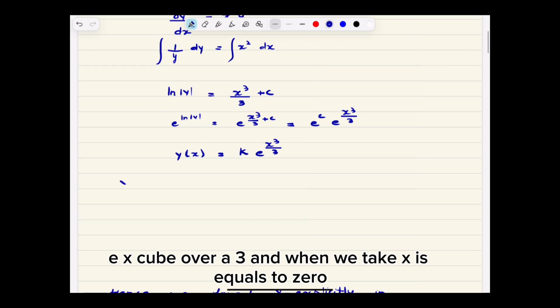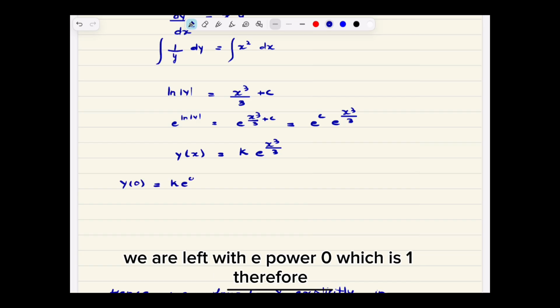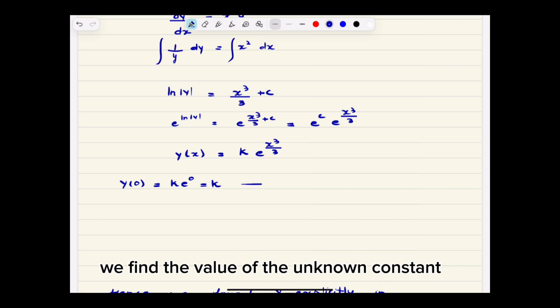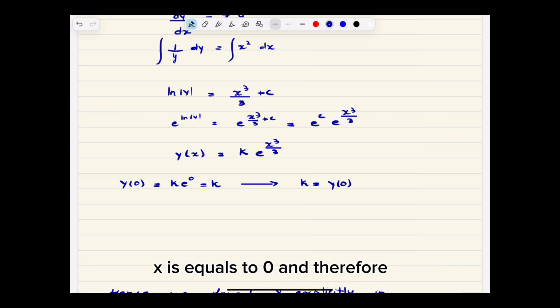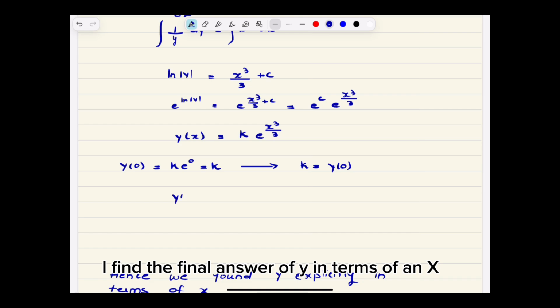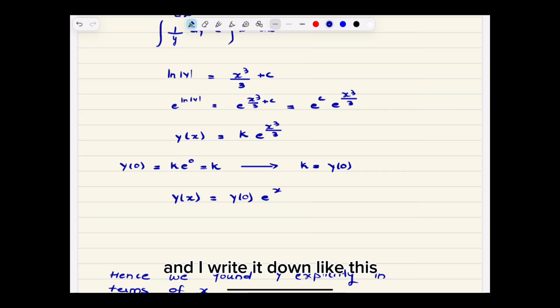When we take x equal to 0, we are left with e to the power 0, which is 1. Therefore we find the value of the unknown constant being the initial value of the function at x equals 0, and therefore I find the final answer of y in terms of x, and I write it down like this.